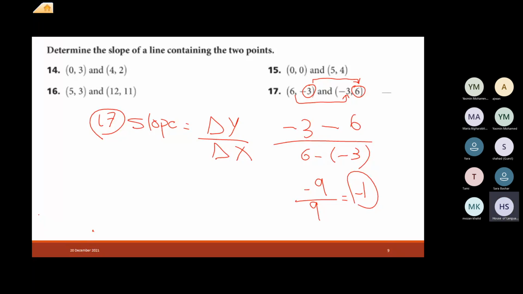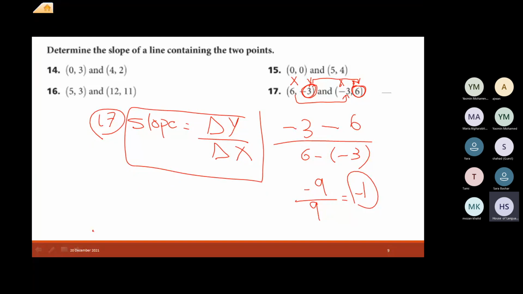Miss Hella, you must watch the video before you come to this because you were absent. But I will repeat it for you. The slope here, it's the formula. Okay, it's delta y over delta x. Where is the y? Here is x, here is y. So where is the y here? The -3 and this x.